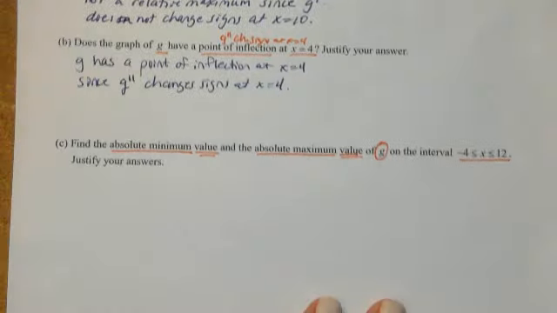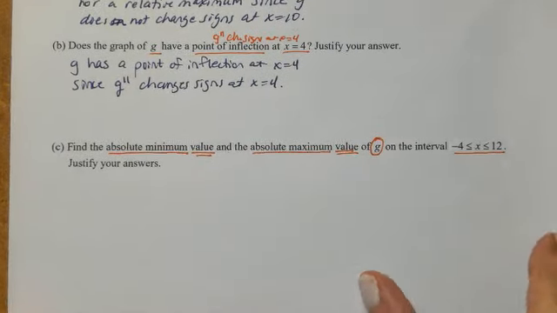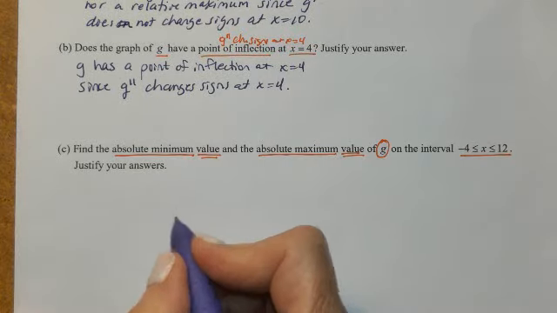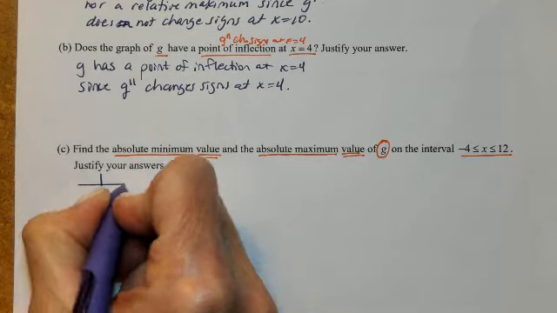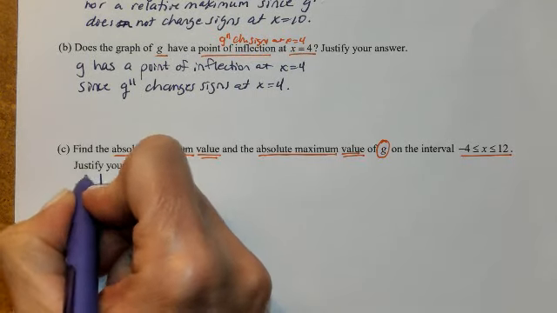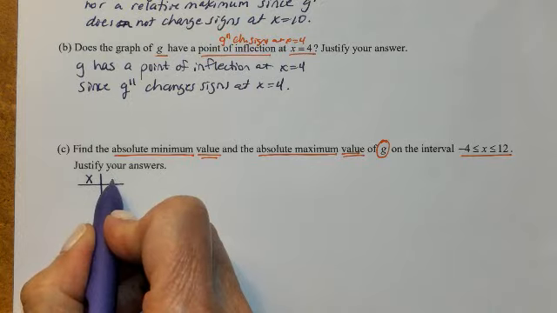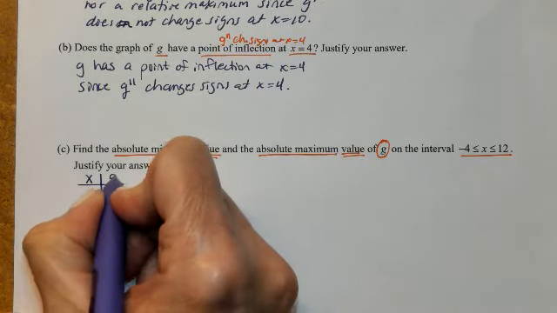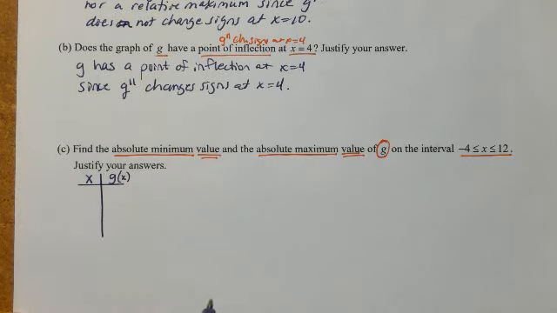Absolute min, absolute max on a closed interval: I'm going to set up the closed interval test, also called the candidates test. We have our independent variable and whatever we're finding the min or max of. We're finding the min and max of g, so this needs to be g up here. You can put g of x if you like, or just name it g.